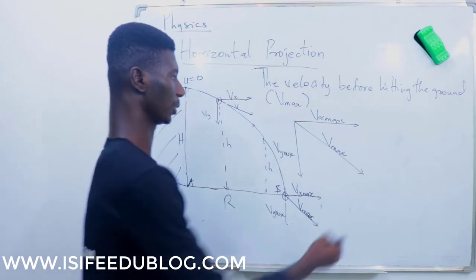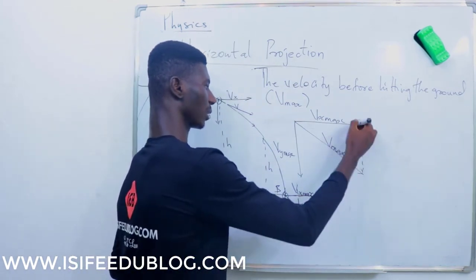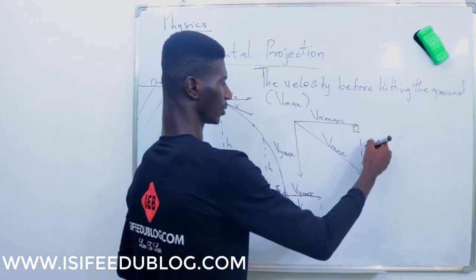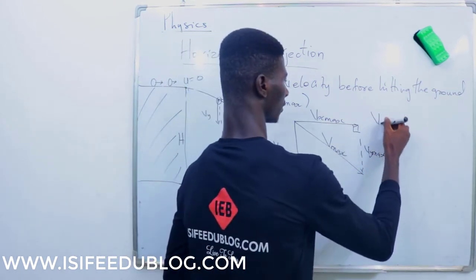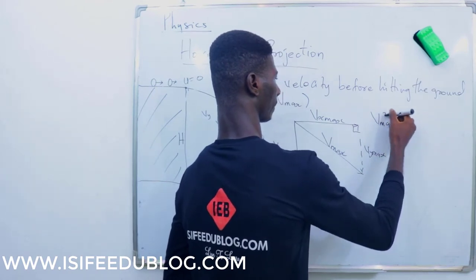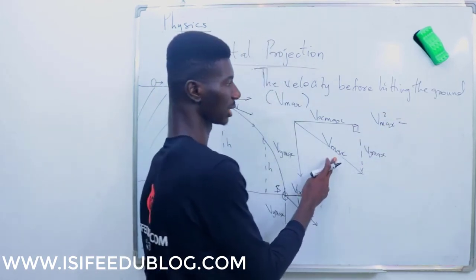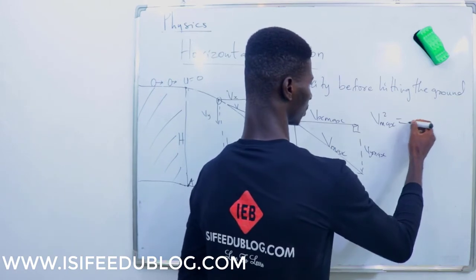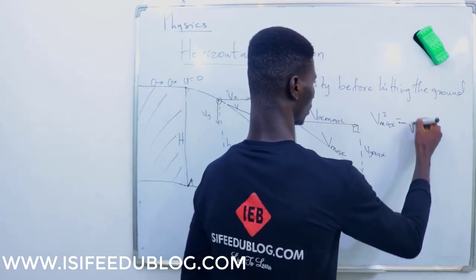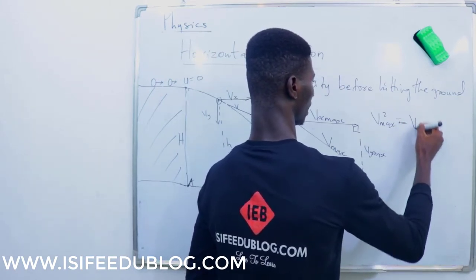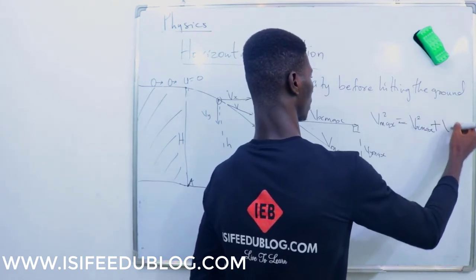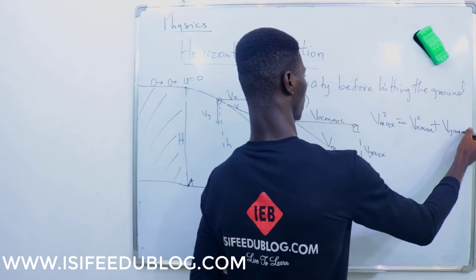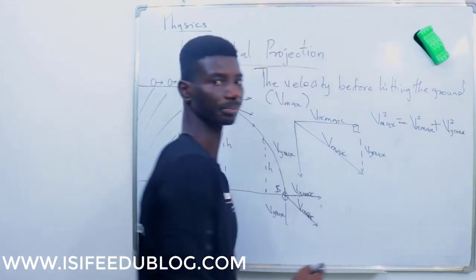If you complete this to get your right angle triangle, here also becomes Vy max. So by Pythagoras, we have that Vmax squared is equal to Vx max squared plus Vy max squared.